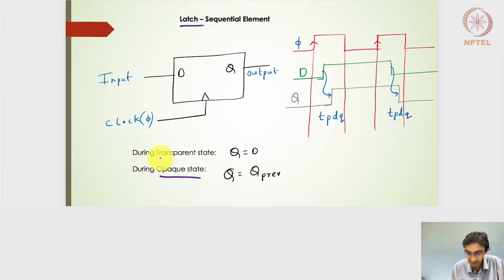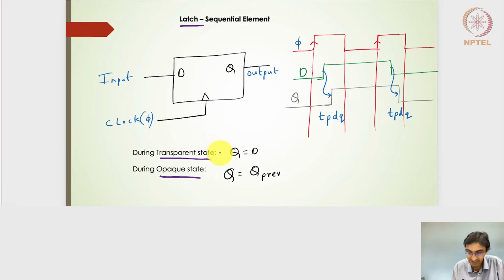That's what I've written here. So the latch is defined in two states, the transparent state and the opaque state.